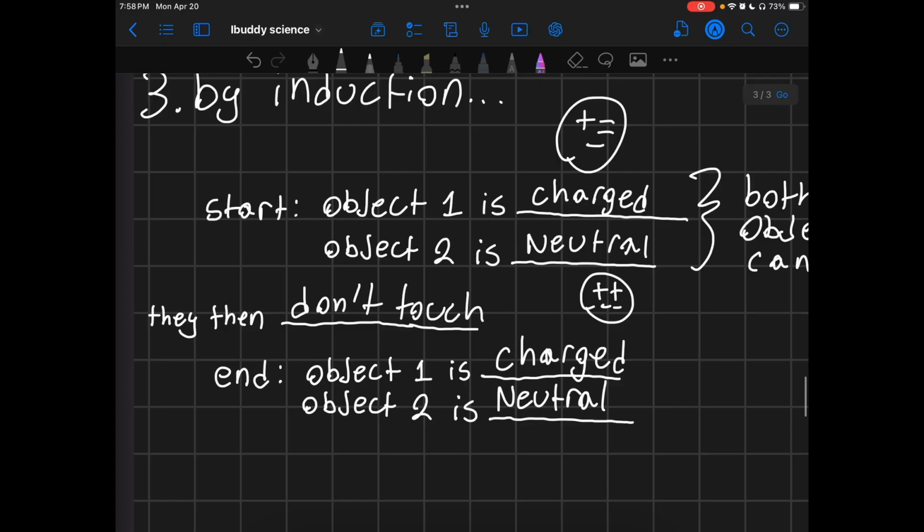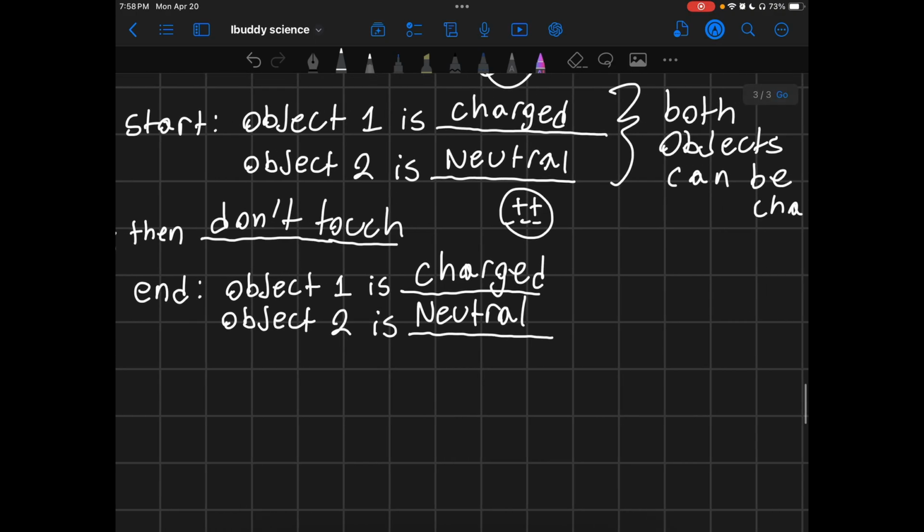Because they don't touch, no electrons actually get transferred. There's only a temporary change in the charge. So in the end, object one will be the same as at the start: object one will be charged and object two will be neutral.